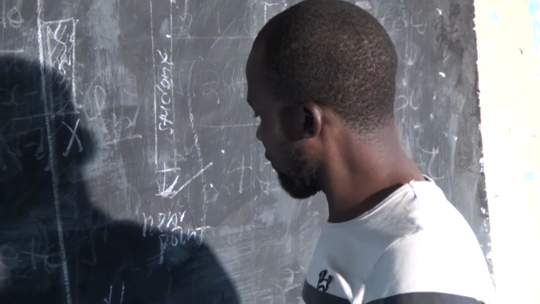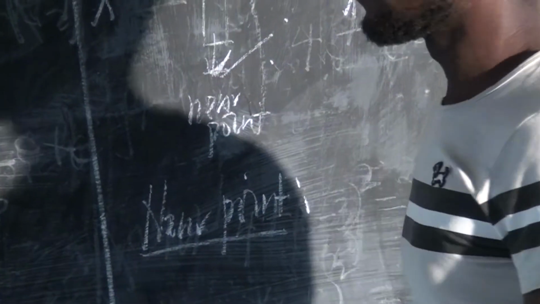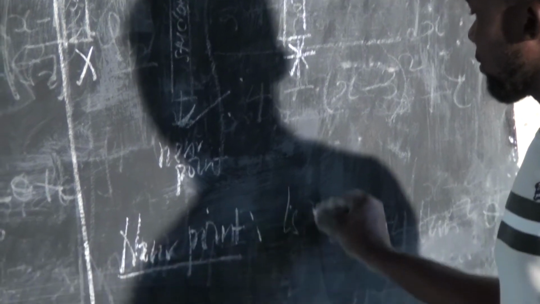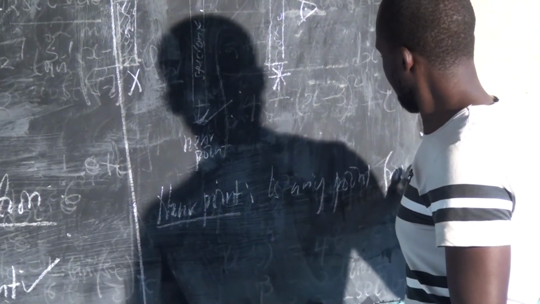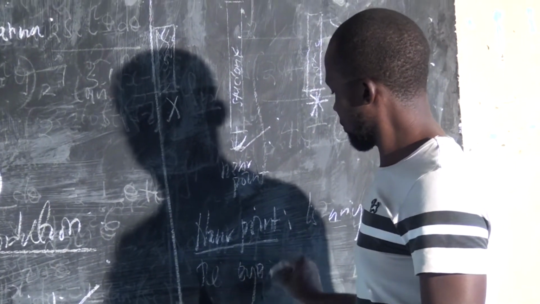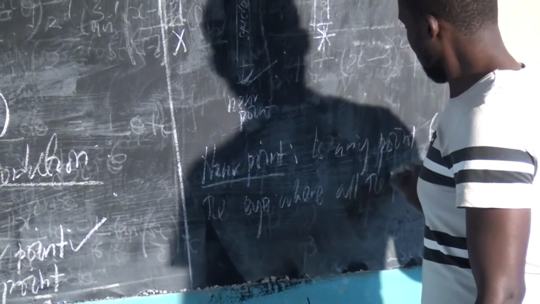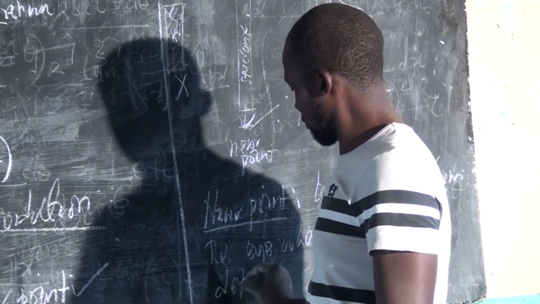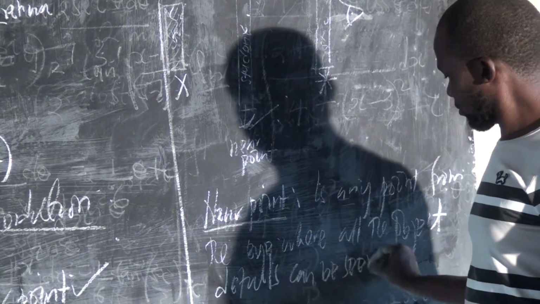So students, if you wanted to define a near point, it is any point from the eye where all the object details can be seen clearly.